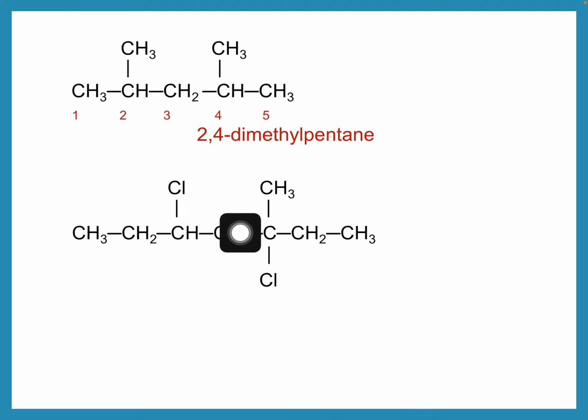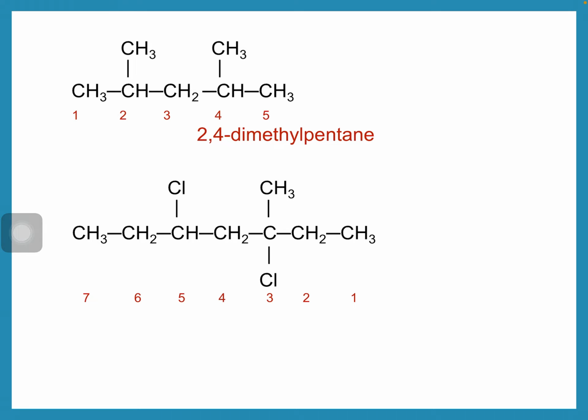Numbering the other way, 1, 2, 3, 4, 5, I have 3, 3, 5. So if I didn't have either the methyl or one of the chlorines here, then the 3 and 5 would be the same, but because I have 3 groups total, if I number from this end, then I get 3, 3, 5, which is lower numbering than 3, 5, 5. So there is my numbering.